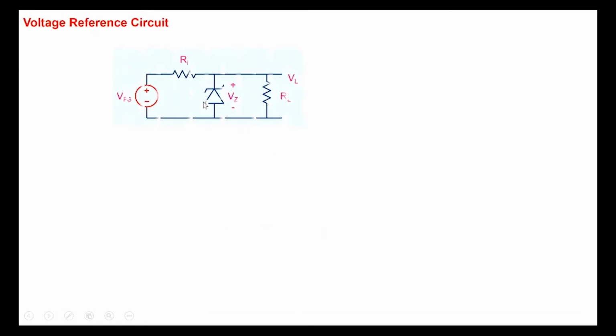So let's use the Zener diode for creating a voltage reference or a constant voltage circuit. Suppose we have a voltage here, and it's a variable voltage, but what we want is a fixed and constant voltage between this pair of terminals, or across the load.